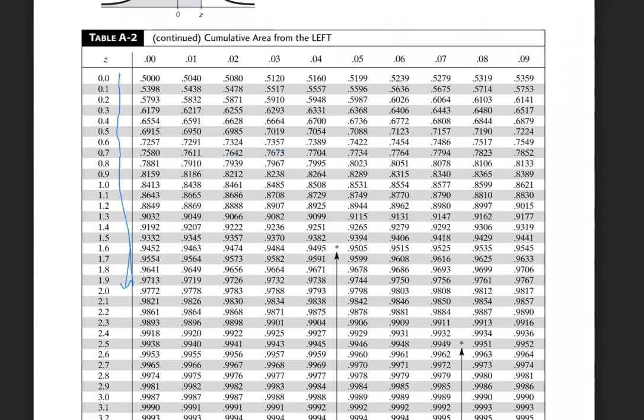Then you look through the first row. If it is 2.03, you're going to go there. If it's 2.05, you're going to go there. So in our case, 2.00, it's going to be 0.9772.